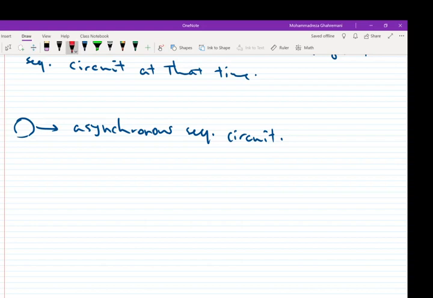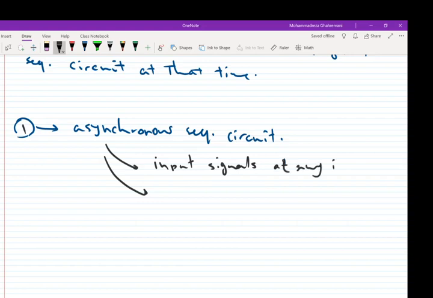So in asynchronous sequential circuit, we know that this circuit depends upon the input signals at any instant of time and the order in which the input changes. So this circuit depends on the input signals, and of course, input signals at any instant of time.